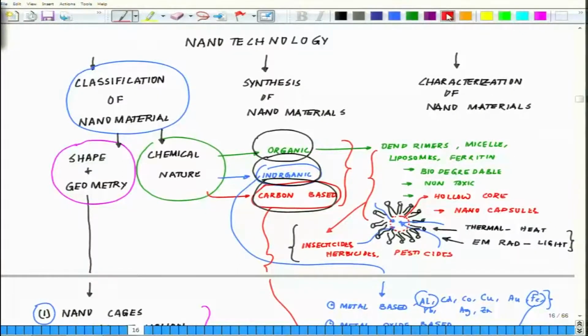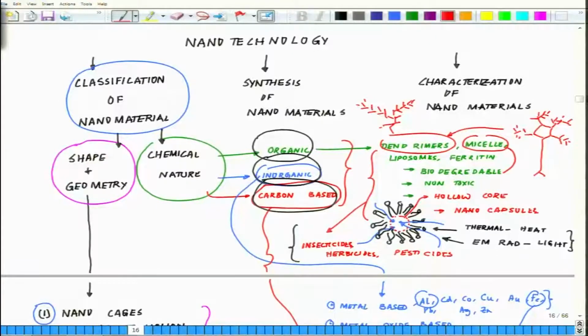In terms of organic based, they could be dendrimers, like a dendritic tree of a neuron. If you look at a neuron, it's something like this. This is an axon, and if you look at the dendritic tree, it is well spread out, something like this. So this is what dendrimers are. Then you have micelles, and I have already shown you the picture of the micelle.